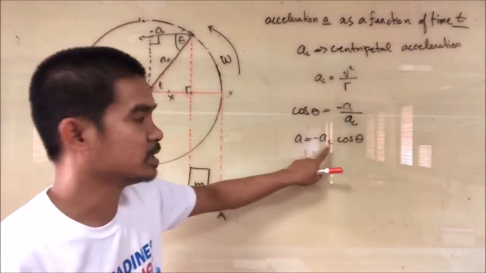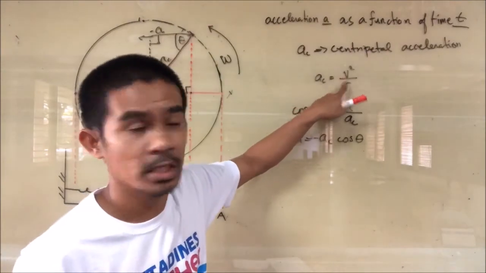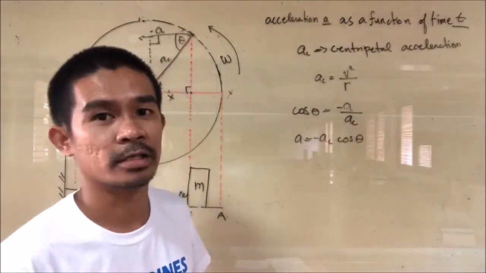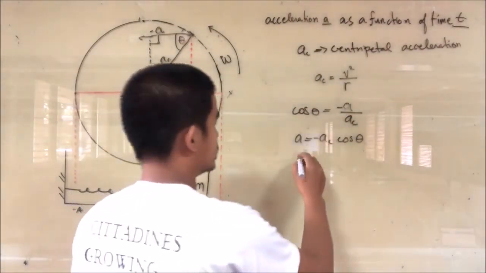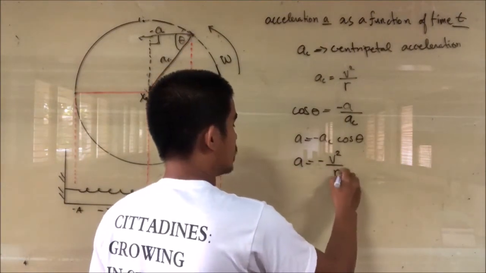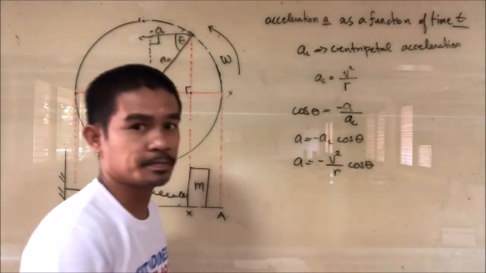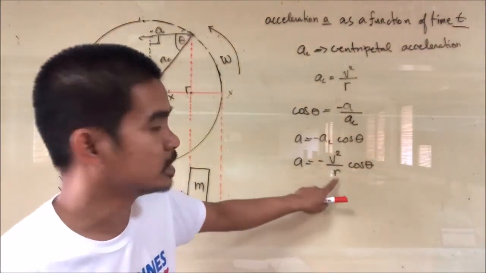And what is this centripetal acceleration? It is the square of the speed over R. So we have a equals negative v squared over R cosine theta. And what is this R?